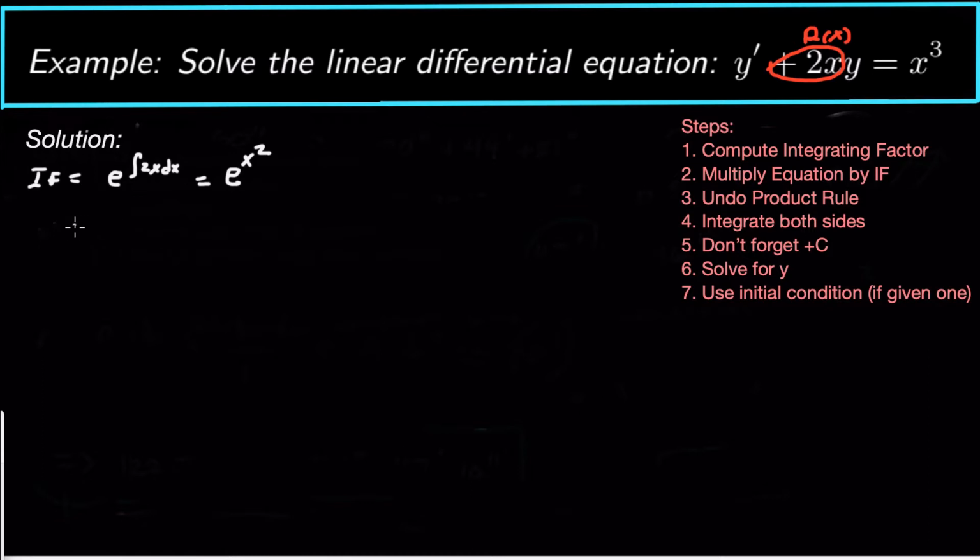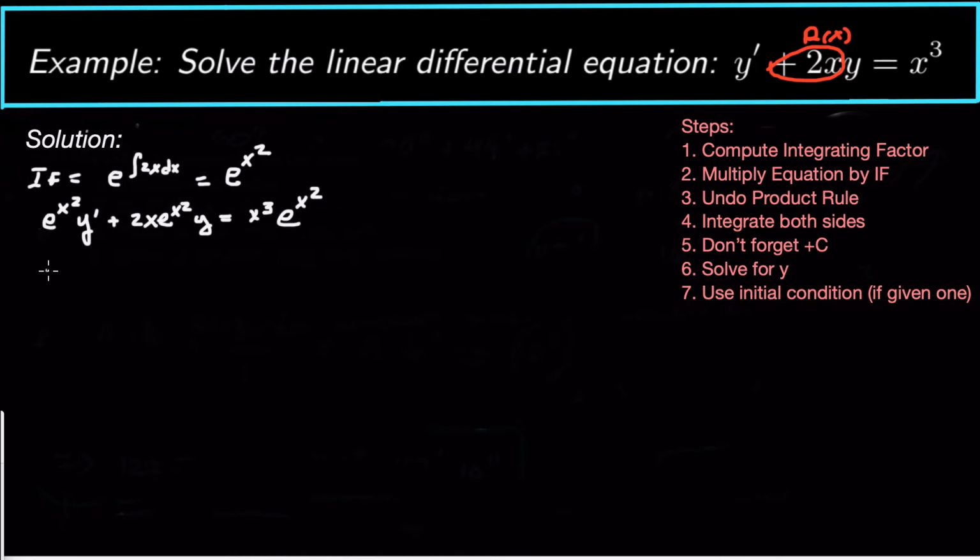Now multiply the whole equation by e to the x squared, we get e to the x squared times y prime plus 2x e to the x squared y equals x cubed e to the x squared.